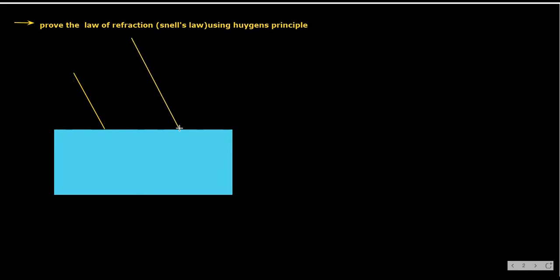Similarly, another ray is like this. And here it is a normal. And now this ray will refract. So therefore it is refracting like this into this medium.